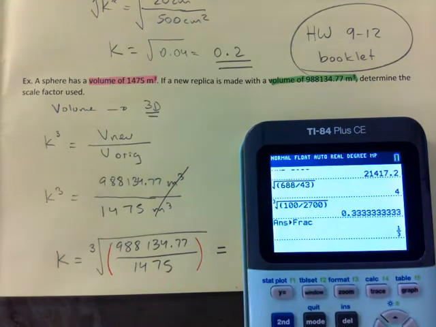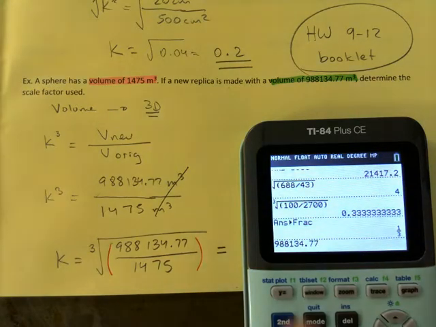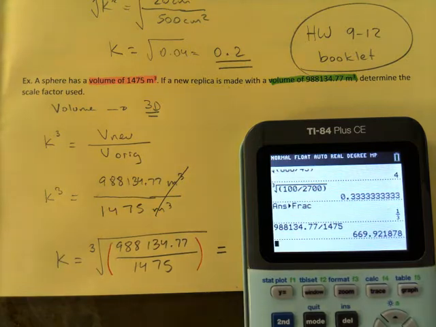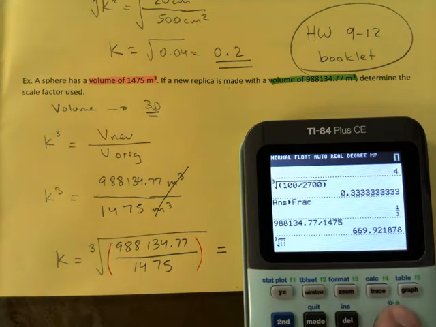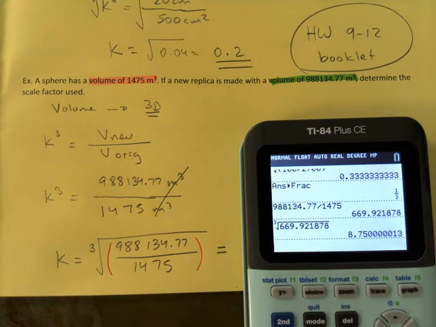By default, especially with these calculators, I just figure out what's inside, and then I just take the root of that. I go math for the cube root, and then I just copy my previous answer, and I get 8.75 exactly.